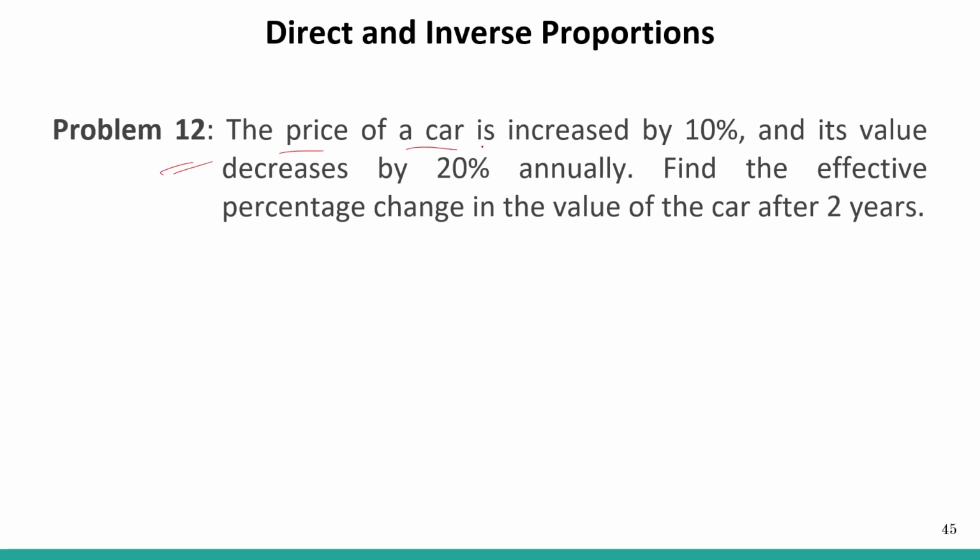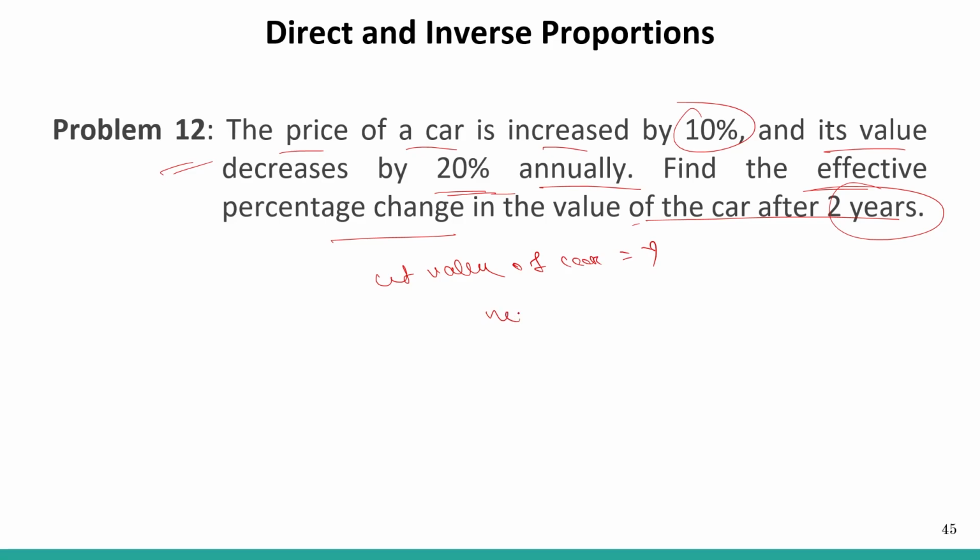Okay, so let's see problem number 12. The price of a car is increased by 10% and its value decreases by 20% annually. Find the effective percentage change in the value of the car after 2 years. After 2 years, how much value will the car hold? So the price of the car has been increased by 10%. Let the value of the car be x. The new price is 1.1x, that is 1x plus 0.1x, a 10% hike.